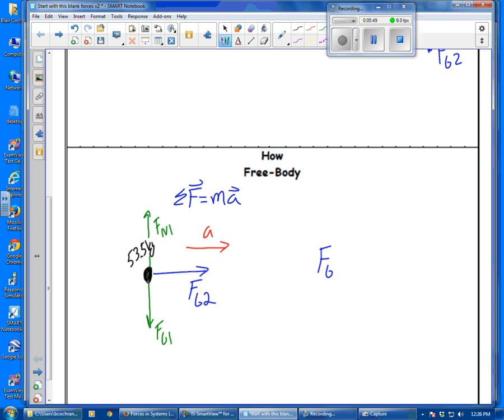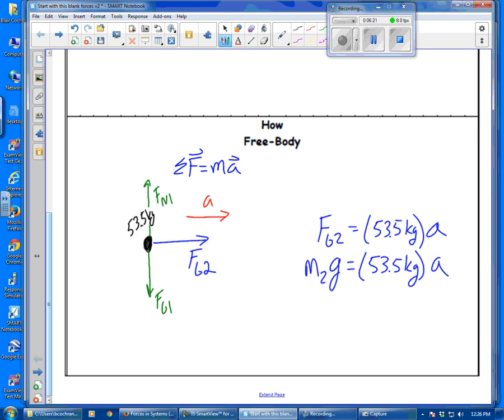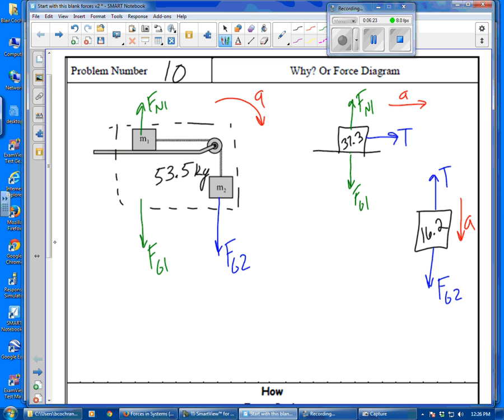I'm going to get FG2, taking right to be positive, equals my inertia, 53.5 kilograms, times my acceleration. Oh, wait a minute, I know FG2. That's the weight of block 2. So that would be the mass of block 2 times the gravitational field strength, because that's the one that's providing that weight.